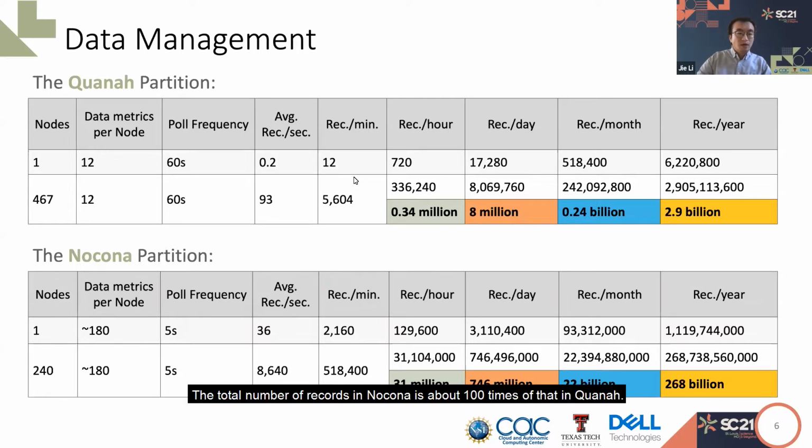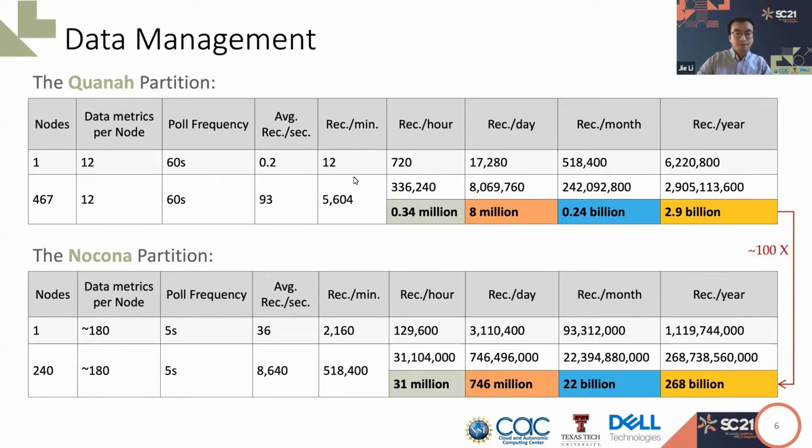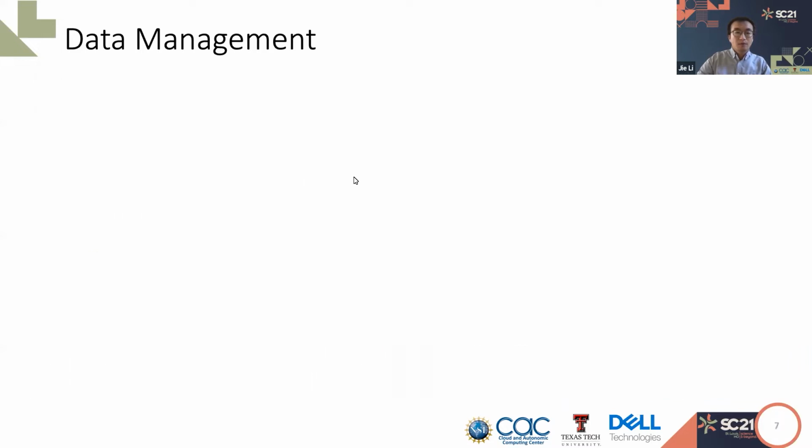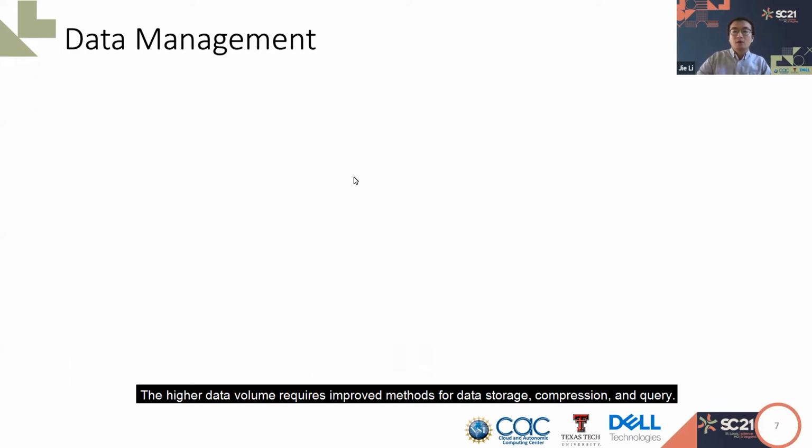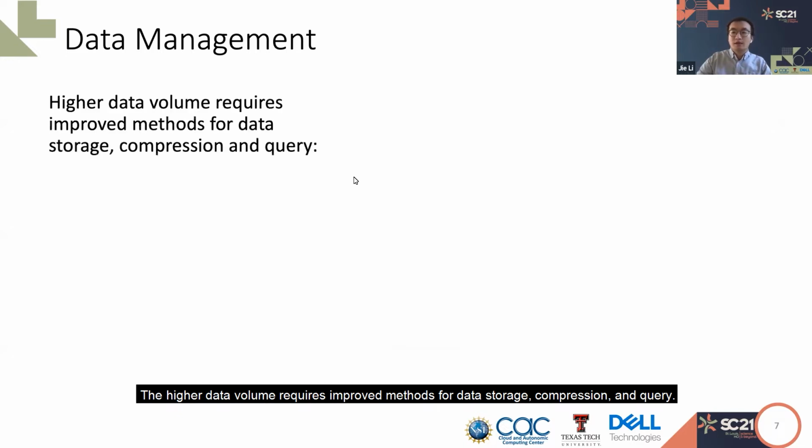The total number of records in Nocona is about 100 times that in Kona. The higher data volume requires improved methods for data storage, compression, and query.